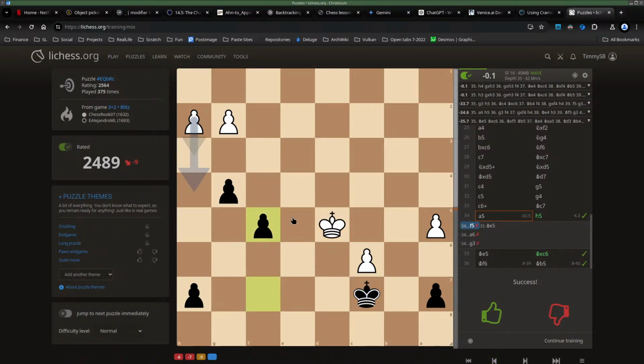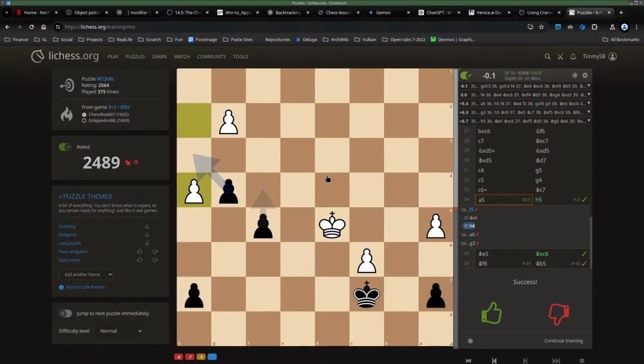But no, if you do that, then he can do this move. And that's going towards promotion. I have to admit that. Yeah, that is true.